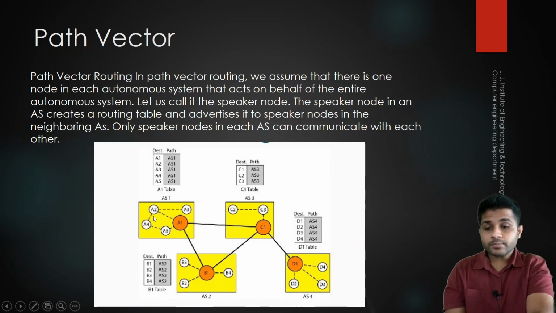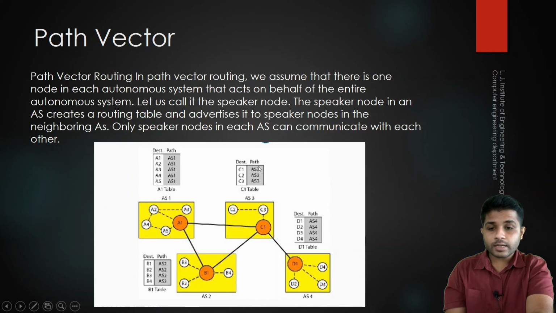In a particular autonomous system there is a table, and the information in the table is which autonomous system is present in which area. So there is an autonomous system 1. In autonomous system 1 there are different areas, such as A1, A2, A3, A4 and A5. So in the table there are two pieces of information, the destination area and the autonomous system.